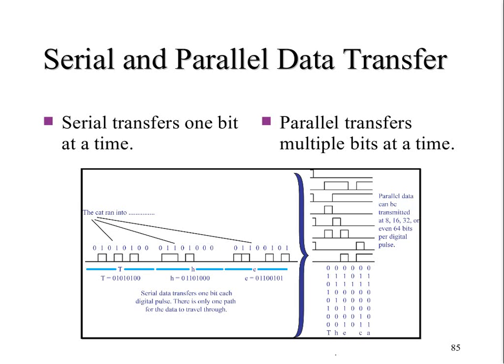One is called serial, which is 1 bit at a time. And the other is parallel, which is multiple bits at the same time. Now, let's talk about serial. The very simplest serial could be just a single wire. In reality, it would be 2 wires because there would probably have to be a ground involved.